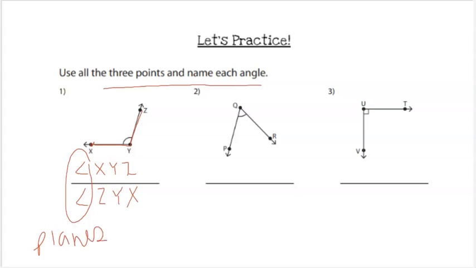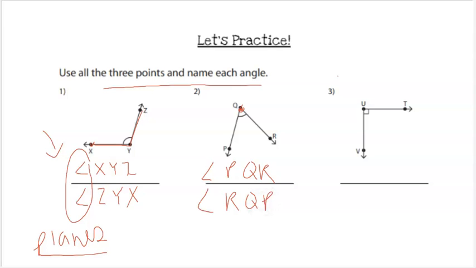This could be mistaken as naming a plane if we don't include those angle markings. It's always important to be precise with our communication, even when it's written. Next one, angle Q: Q is our vertex, so Q has to be in the middle, and then we can do PQR, or we could do RQP.